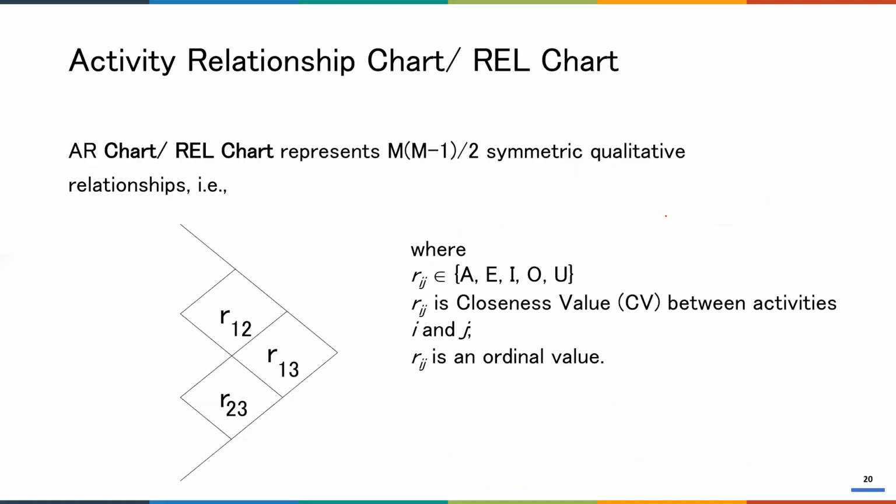So how can we evaluate our layout based on the qualitative measurement? We already developed the ARC, or activity relationship chart, or I can call it REL chart, where we have this closeness rating or closeness value. It can be A, E, I, O, U, and X. And it is an ordinal value, right?